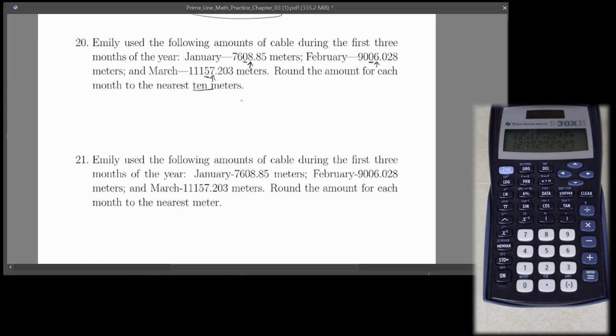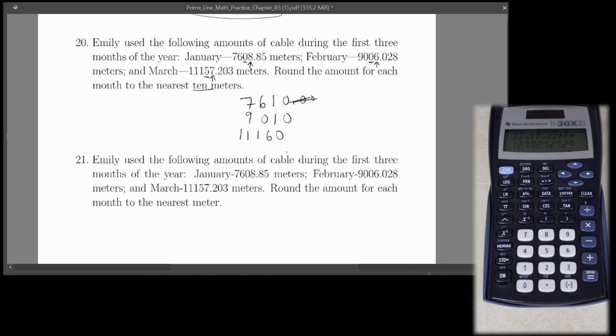So we get 760, so undo that, 761, and because we're only rounding to the nearest 10 meters, we can drop off that piece. Our next one, 9010, rounding to the nearest 10, and then 11160, rounding to the nearest 10.